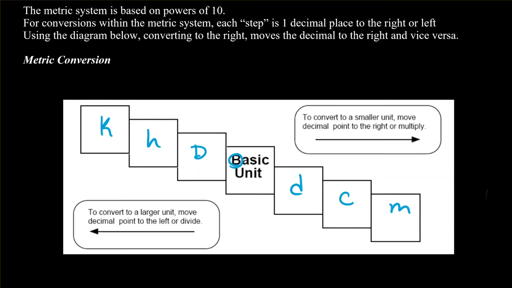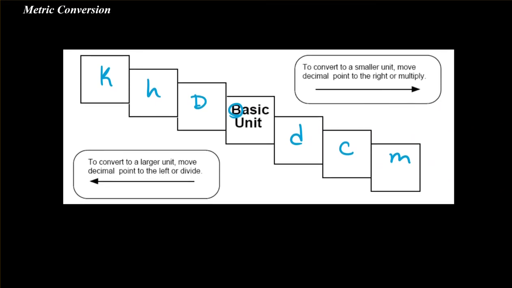What that means is we can convert from any one unit, whether it's kilometers or hectometers or hectoliters or something like that, to any other prefixed unit in here just by moving the decimal.